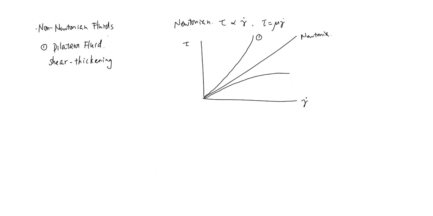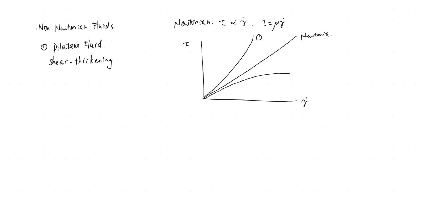And for shear thickening fluid, as the gamma dot increases, the shear stress increases more than in a linear fashion. So it means the shear stress gets larger and larger in a way that the fluid feels like it's thickening or becoming more viscous over time. So this is called shear thickening fluid.